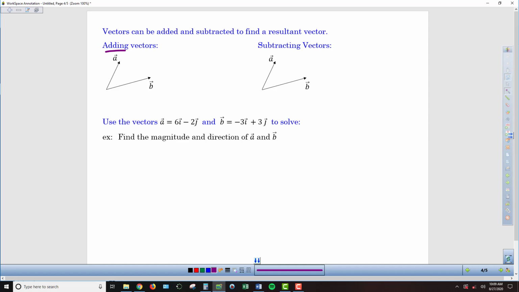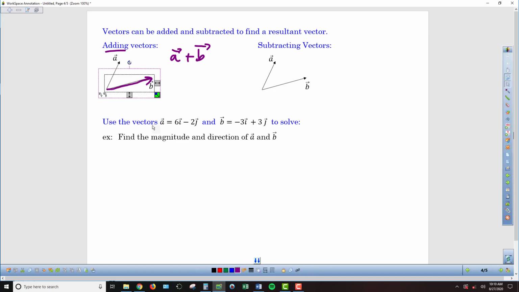So if I want to add a plus b, I need to translate the vector b so that it is tip to tail with a, meaning that the tip of a is at the tail of b. So I need to translate this vector. So I'm going to go ahead and take it, I've traced it, and then I'm going to translate it up so that it is now tip to tail with my vector a.